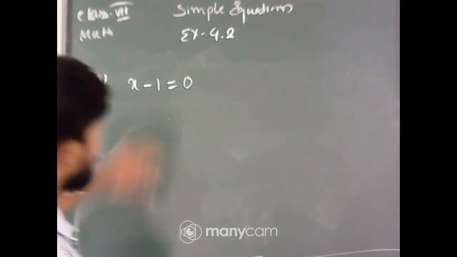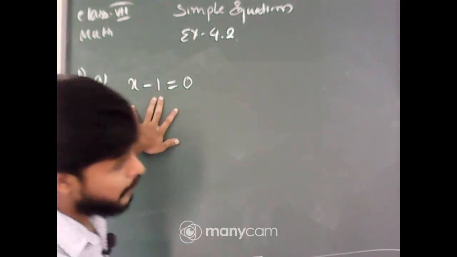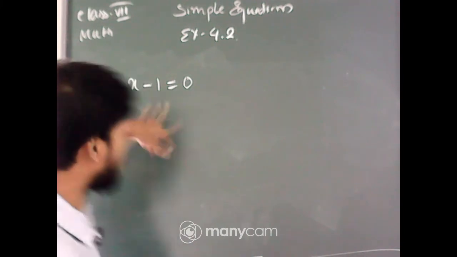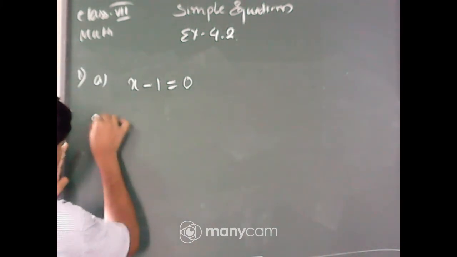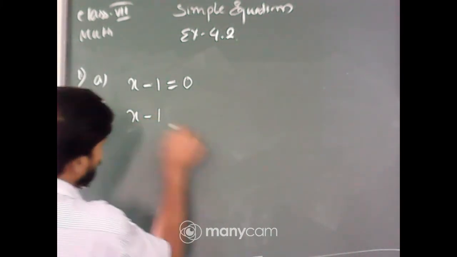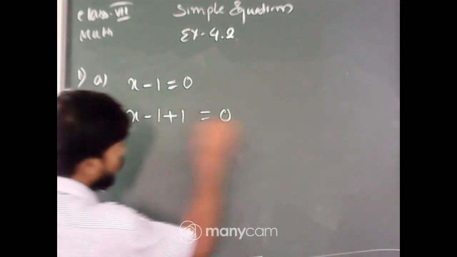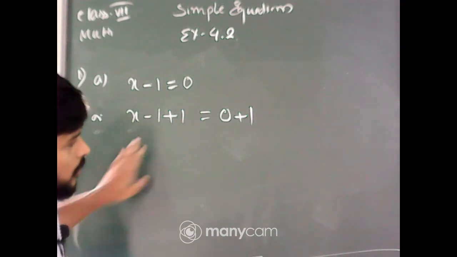Look, this is minus 1. So to remove minus 1, we have to plus 1. We have to add 1. So the first step is, x minus 1 is equal to 0, this is the equation, so we have to add 1 to both sides.